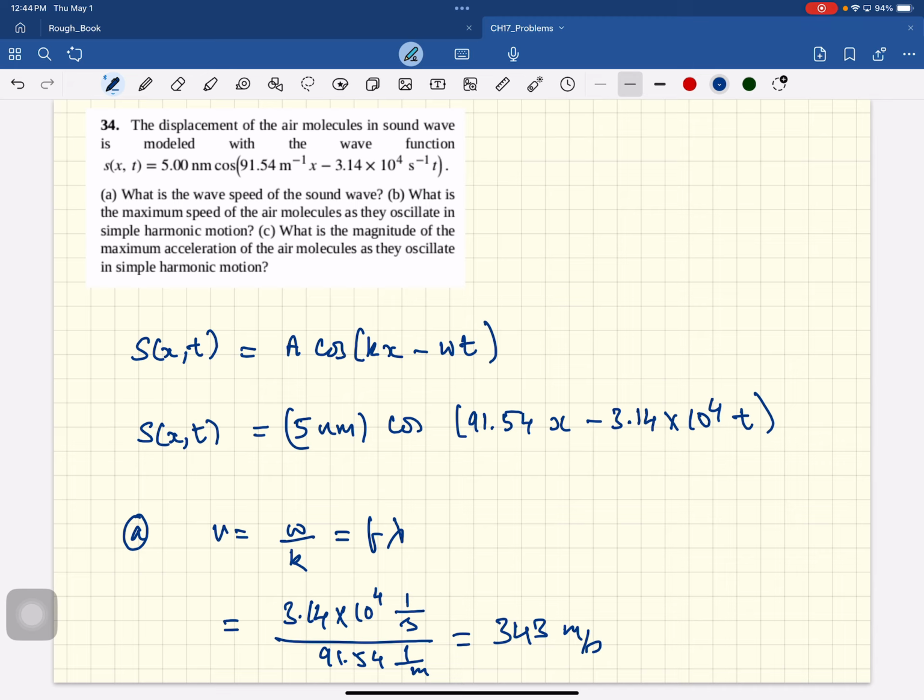So the smaller the wavelength, the bigger k is. That makes sense, because the smaller the wavelength, the more waves there are in a distance, which is why it's a high number.